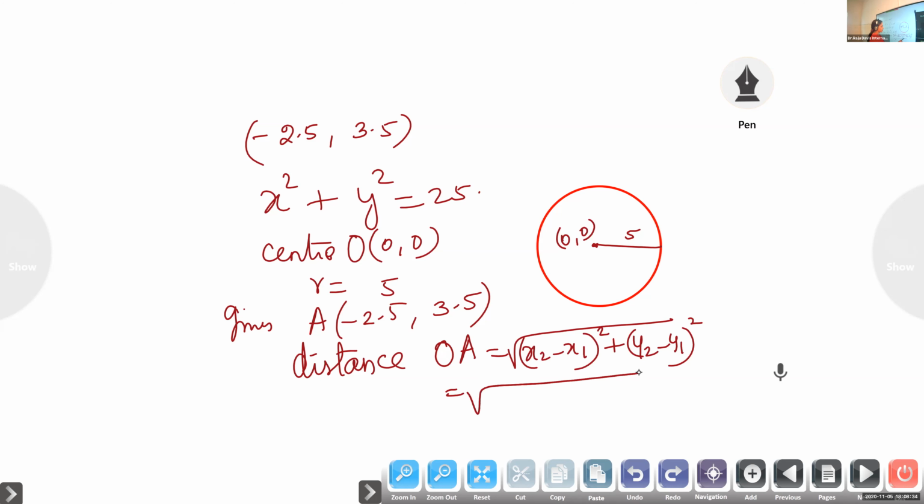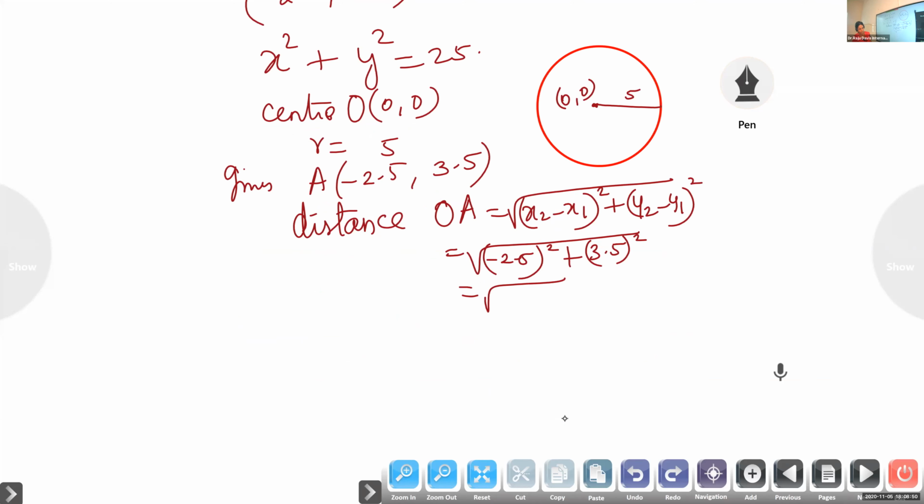So if you apply the distance formula, minus 2.5 minus 0, so it is same as 2.5 the whole square plus 3.5 the whole square. So what is it? Root 18.5.